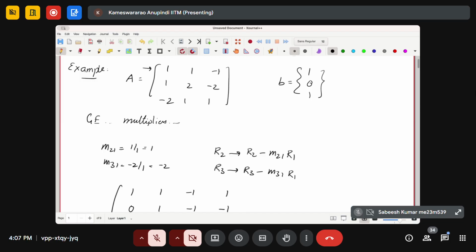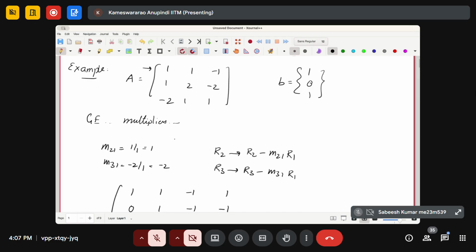And then we have 1 minus of minus 2 times minus 1. This is going to be minus 1, is this correct?